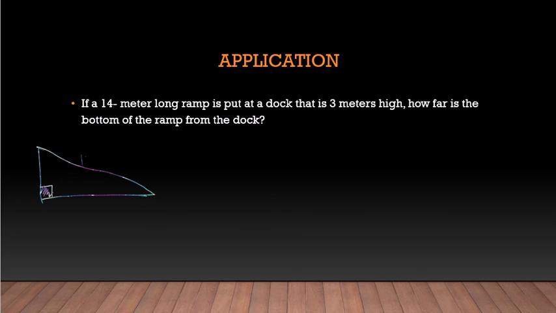This is the ramp, 14 meters. Something used to load or unload stuff, or especially for wheelchairs. That's a ramp. A dock that is 3 meters high. This is 3 meters. And how far is the bottom of the ramp from the dock? They are asking how far the ramp is from here to here. So this is going to be x.